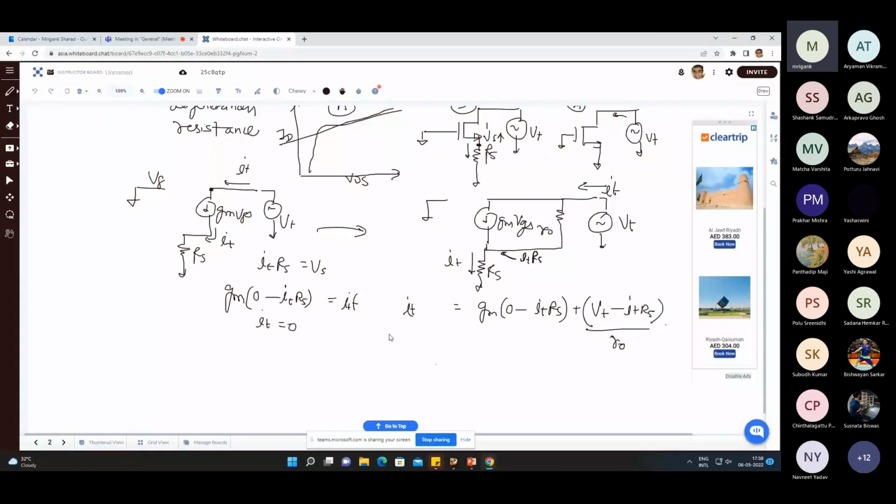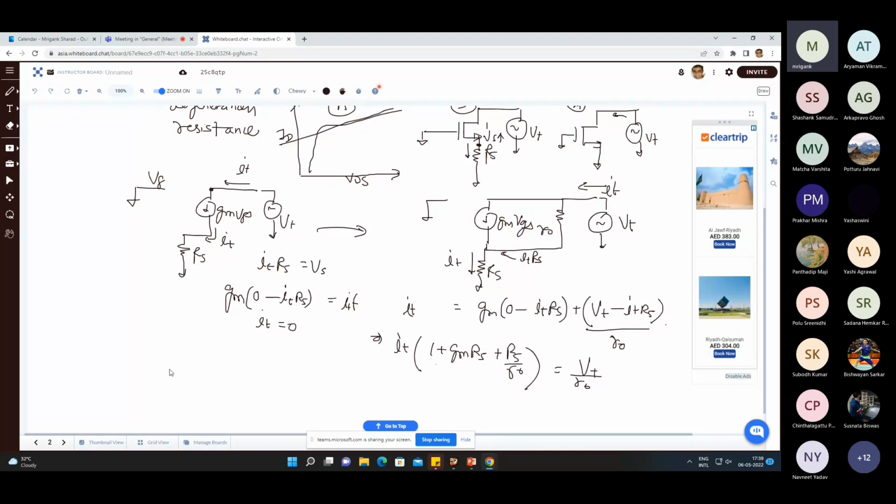So now I can just club the terms. Here you get 1 plus GM RS with IT, and another term that you are getting is IT RS upon RO over here, and then this is going to be VT upon RO.